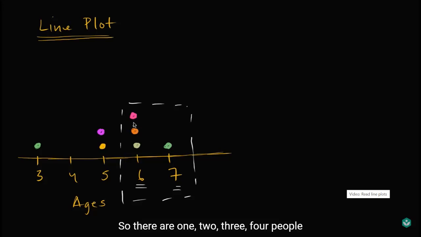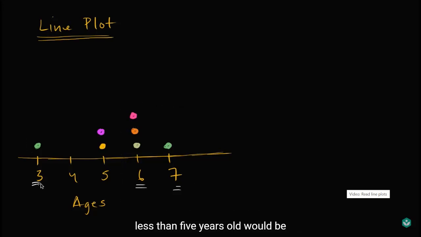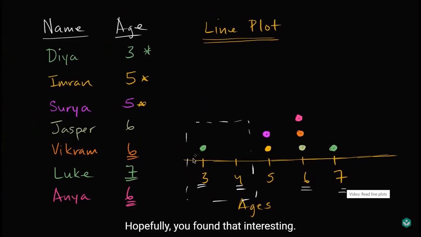So there are 1, 2, 3, 4 people who are older than 5 years old. You could go the other way around. You could say how many people are less than 5 years old. Well, less than 5 years old would be either 3 years old or 4 years old. And when you look at those dots, you see there's only one dot. Only one person attending the party is less than 5 years old. Hopefully you found that interesting.